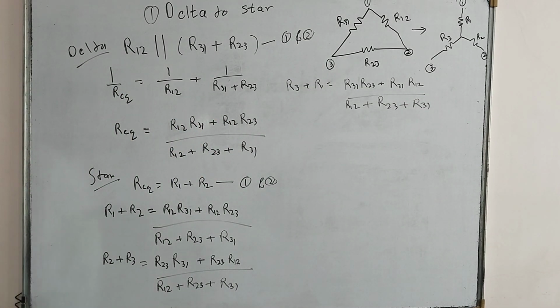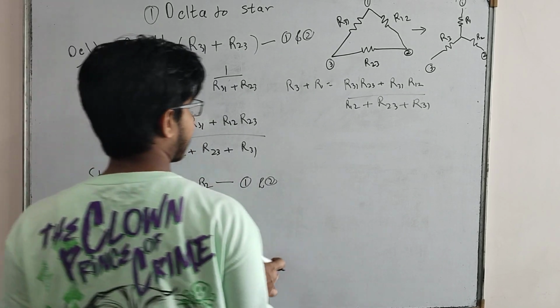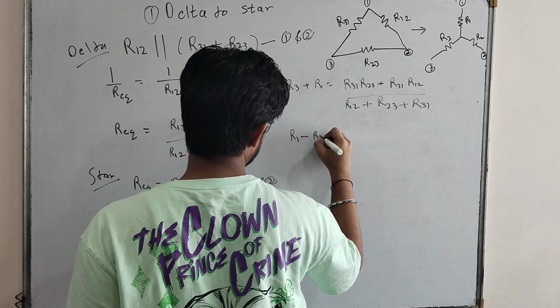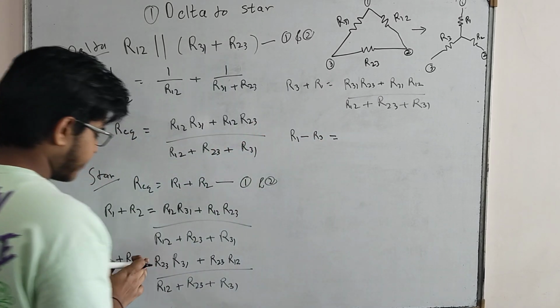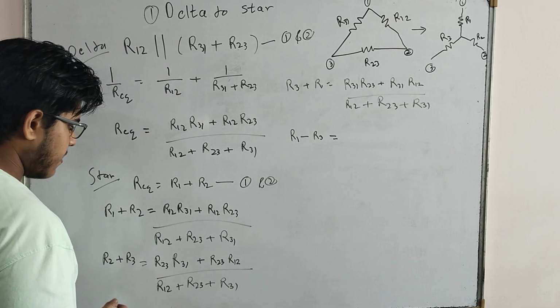On subtracting these two equations we get R1 minus R3 equal to, let us carefully subtract them.